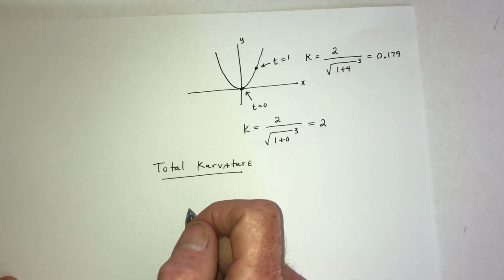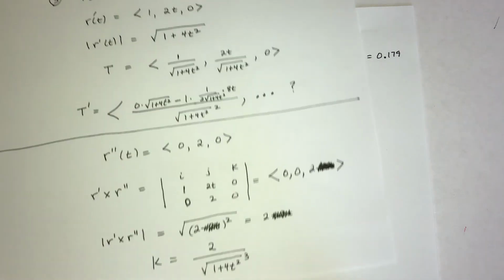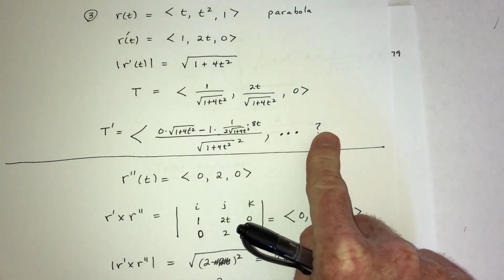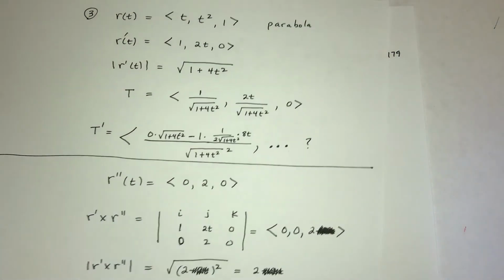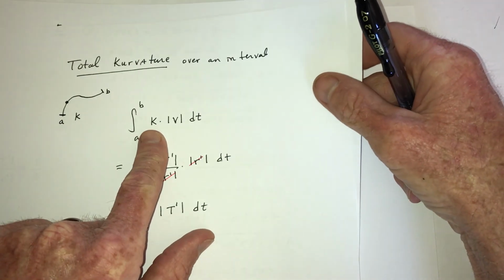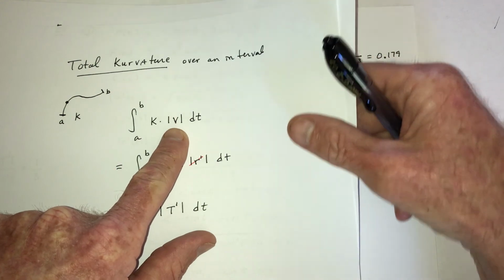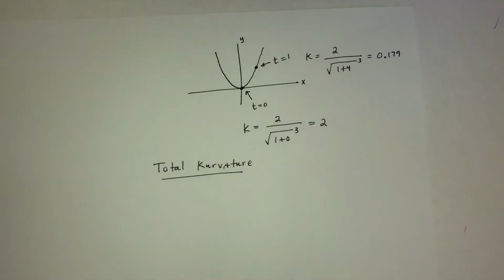oh, you know what? We didn't find t prime because it was all this. So we never even did that part. So that means we're going to have to go back and do this. Integrate the curvature times the length of the velocity.